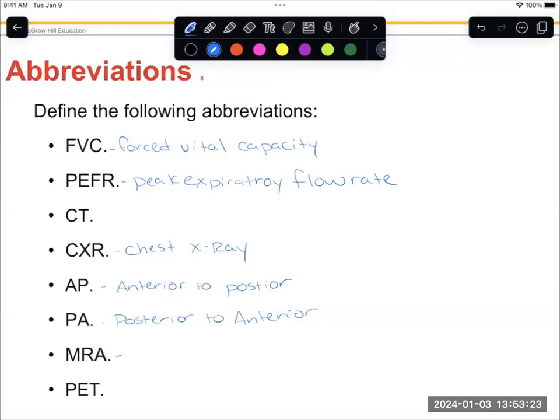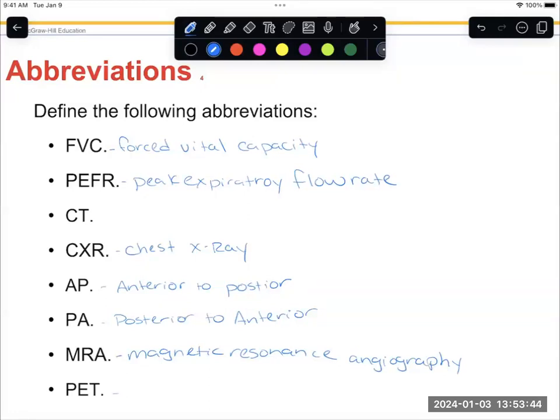MRA is magnetic resonance angiography. So this is used as a method of diagnosing lung or other tissue conditions.